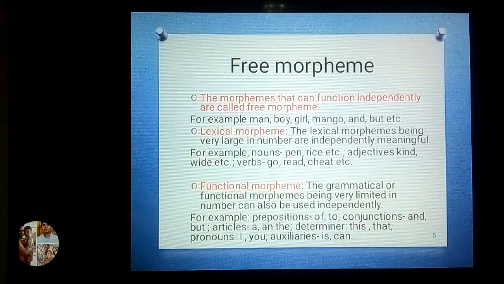These are the words that show grammatical relationship, or these are the words to connect the lexical words.